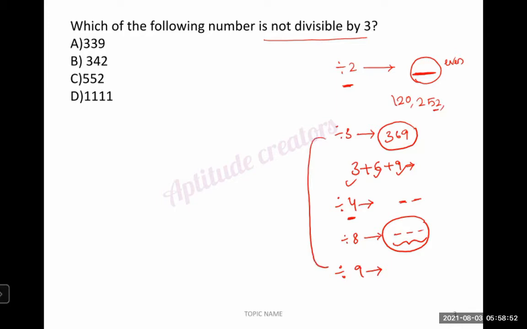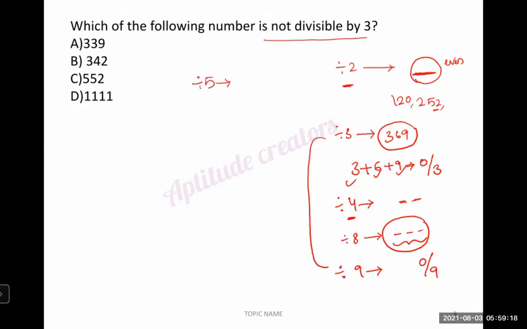But here, for 3, if I add the digits, I will get 0 or a multiple of 3. For 9, I will get 0 or a multiple of 9. Next, what is the divisibility rule for 5?